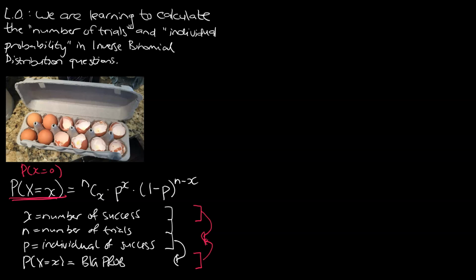So I've got an egg container there. And let's say you've just gone to the supermarket and you've bought a pack of 10 eggs. So a pack of 10 eggs.